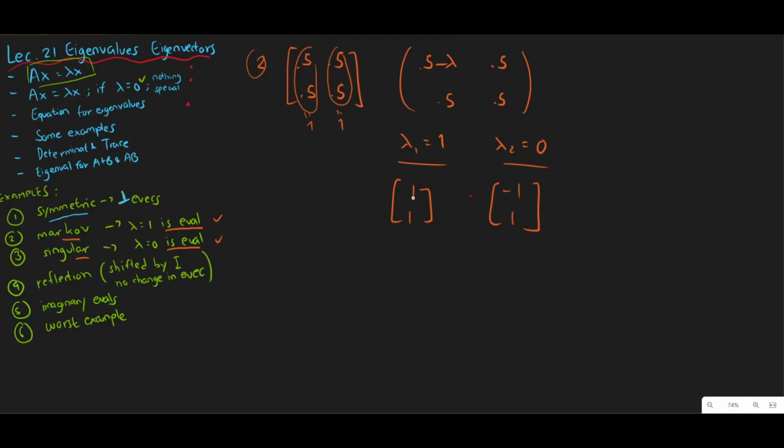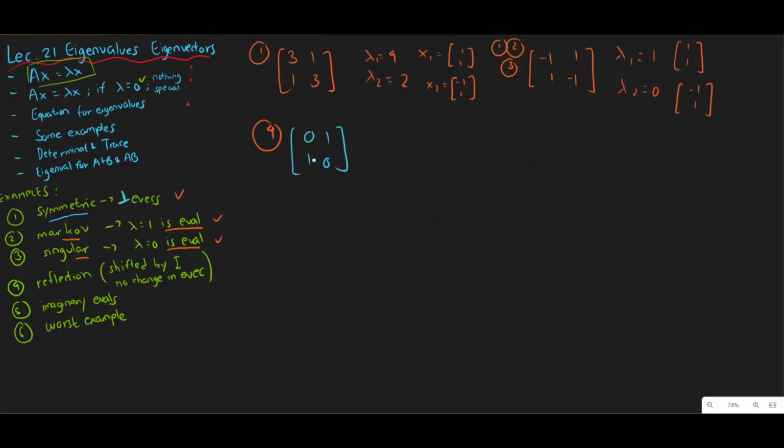You can see it also satisfies our first criterion, that a symmetric matrix has perpendicular eigenvectors. So let's move on to the next example.